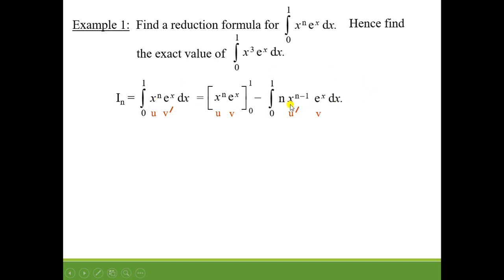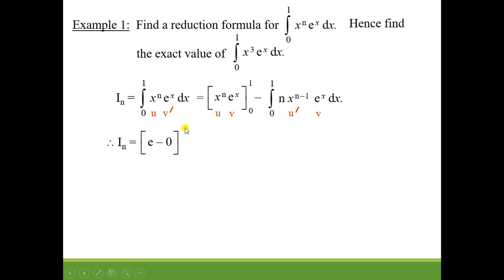It is n into x raised to n minus 1, times again the integration of v, e raised to x. So the uv rule is: u as it is times integration of v, minus integration of derivative of u into integration of v. This is the product rule of integration.